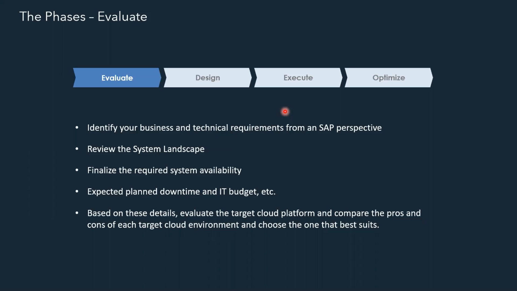So coming to the key phases which come during the SAP migration to cloud, they are evaluate, design, execute, and optimization. Evaluation allows you to know your requirements and map these to a process which makes it easy for the migration.